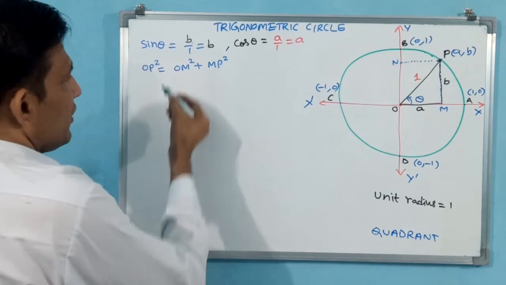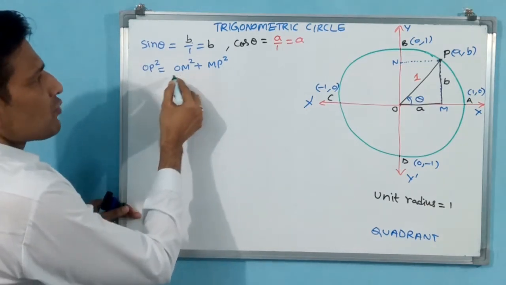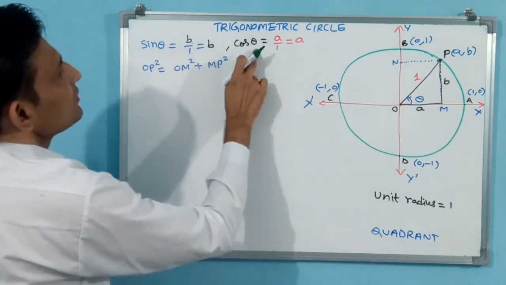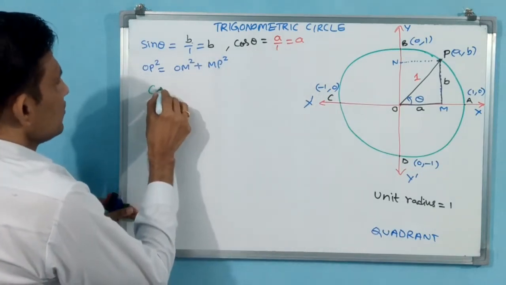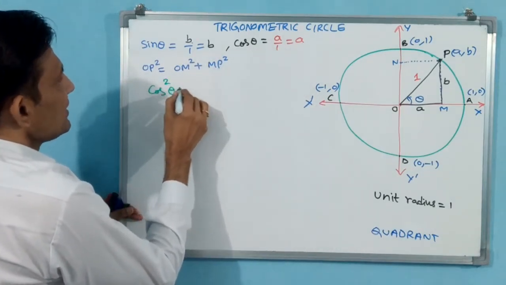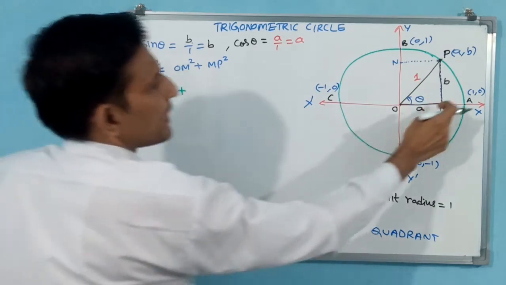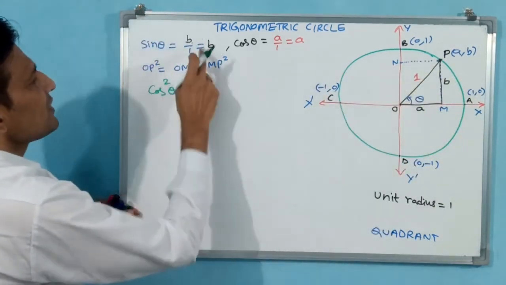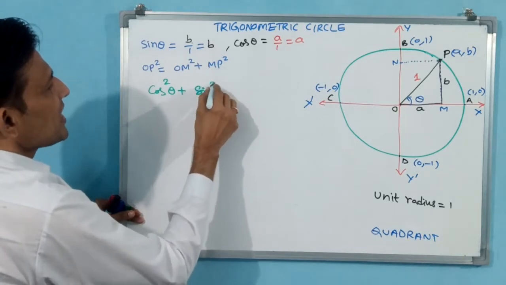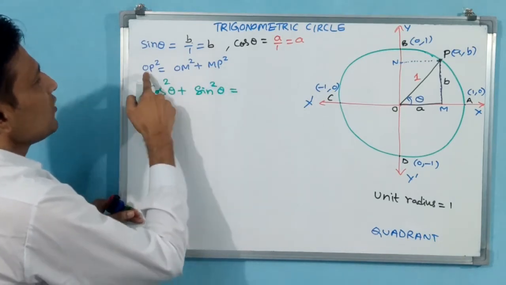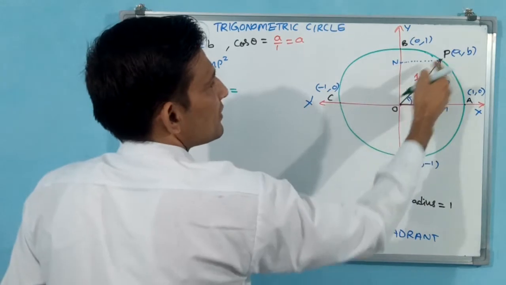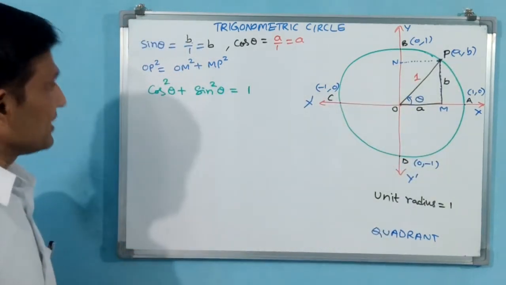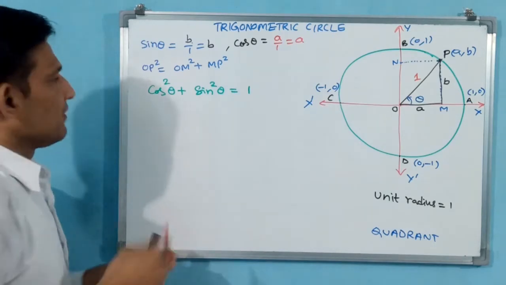OM square is A square, which is cos square theta, plus MP square, which is B square, which is sin square theta, is equal to OP square. OP square is 1 square, and 1 square is 1. This is a very important result.